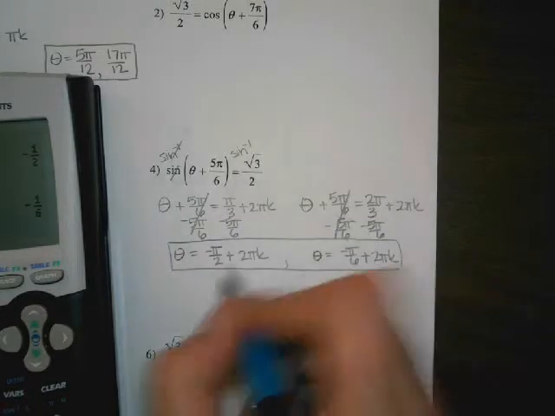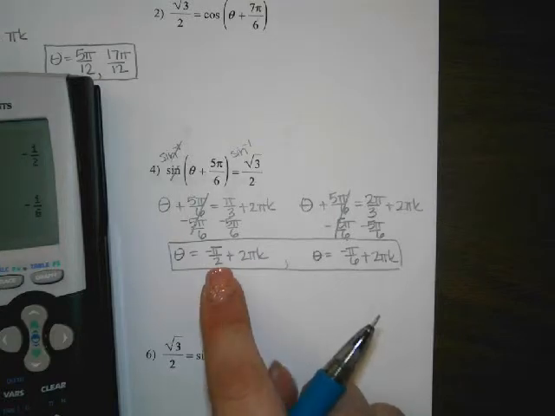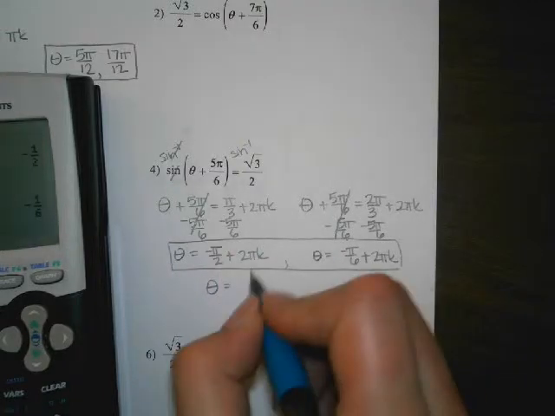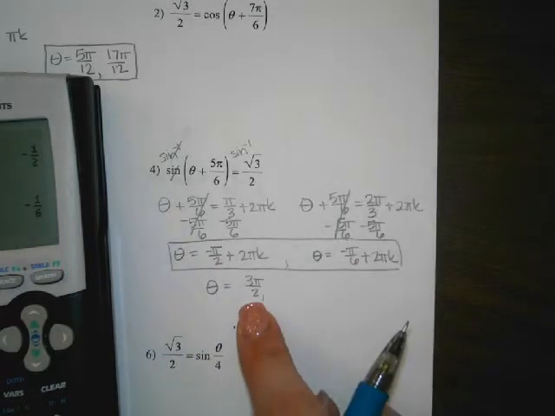So negative pi halves, if I add 2 pi to that and find the coterminal angle, anyone know that off the top of their head? 3 pi halves. And that's it, right? Because if I add 2 pi again, it's going to be way too big.